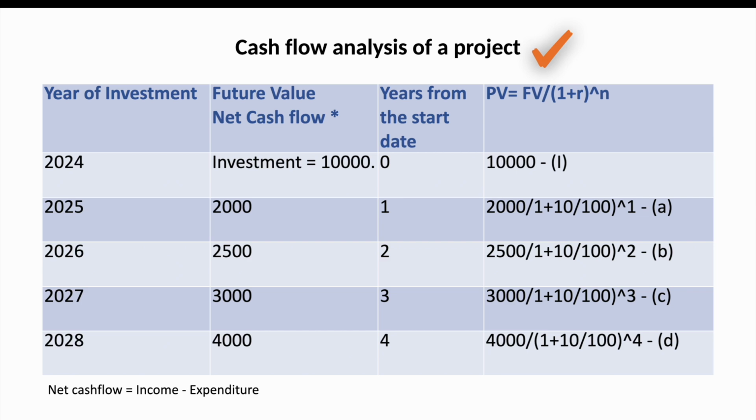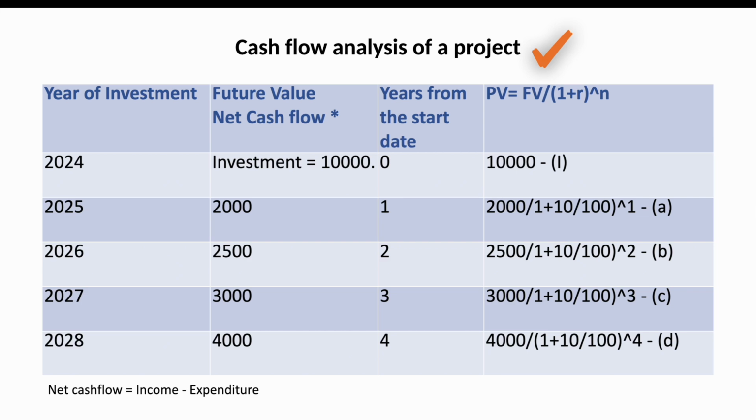Likewise, we do this for all the years. For 2026, the forecasted net cash flow, which is income minus expenditure, is $2,500, in year 2. The equivalent present value of that 2,500 will be 2,500 divided by 1 plus 10 by 100 to the power of 2, that is B. For 2027, the third year after investment, the forecasted net cash flow is 3,000.